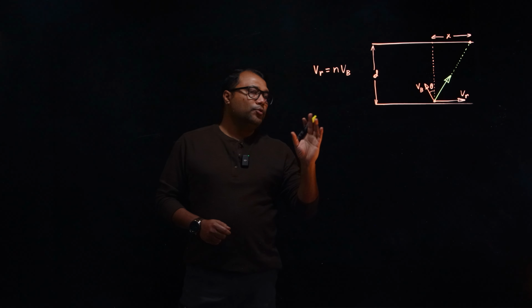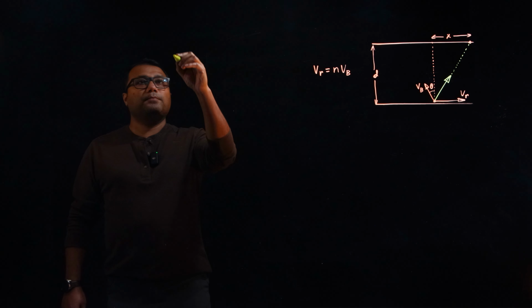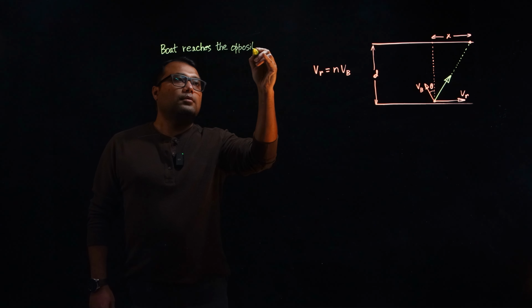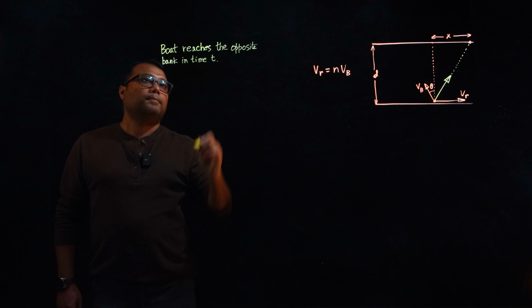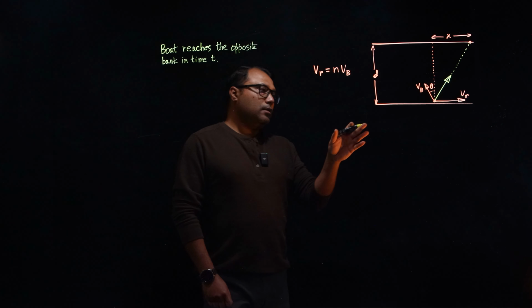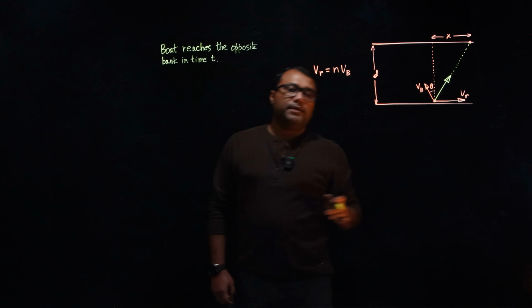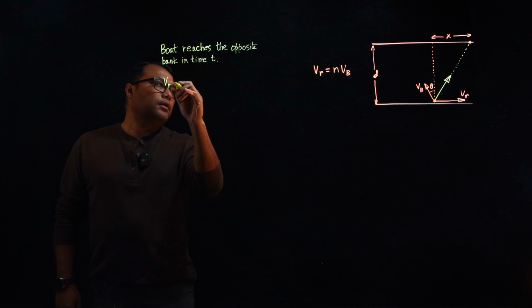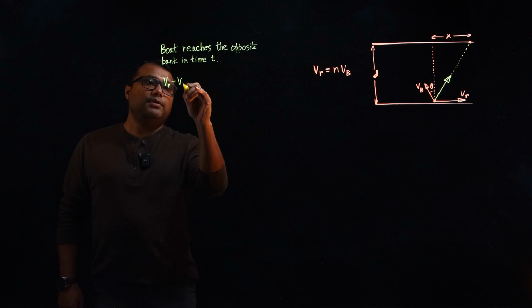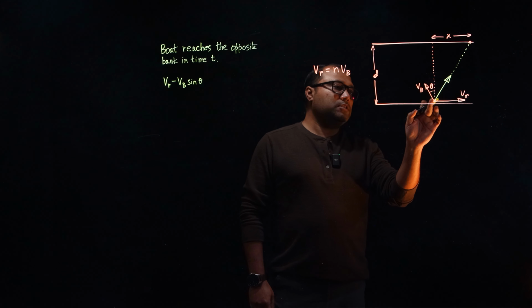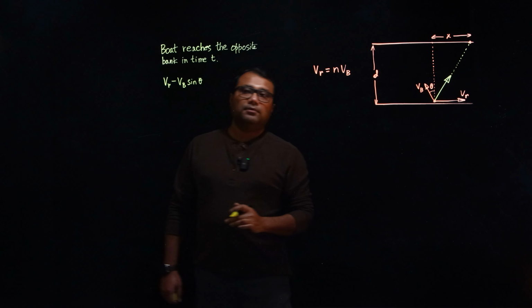Let us assume that the boat reaches the other bank in time t. So the net velocity in the x direction is what? VR minus VB sine theta. VR minus the component of VB in this direction.